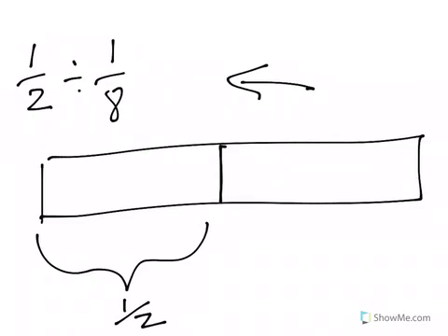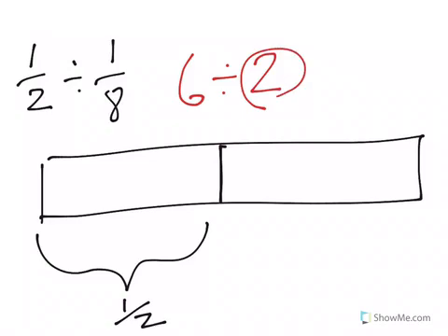Now, what helps me remember the order of things would be this. If I said 6 divided by 2, I know that 2 goes into 6 3 times. I think when we get to fractions, sometimes it gets a little bit confusing because they are fractions. They're not numbers we're used to working with as much.